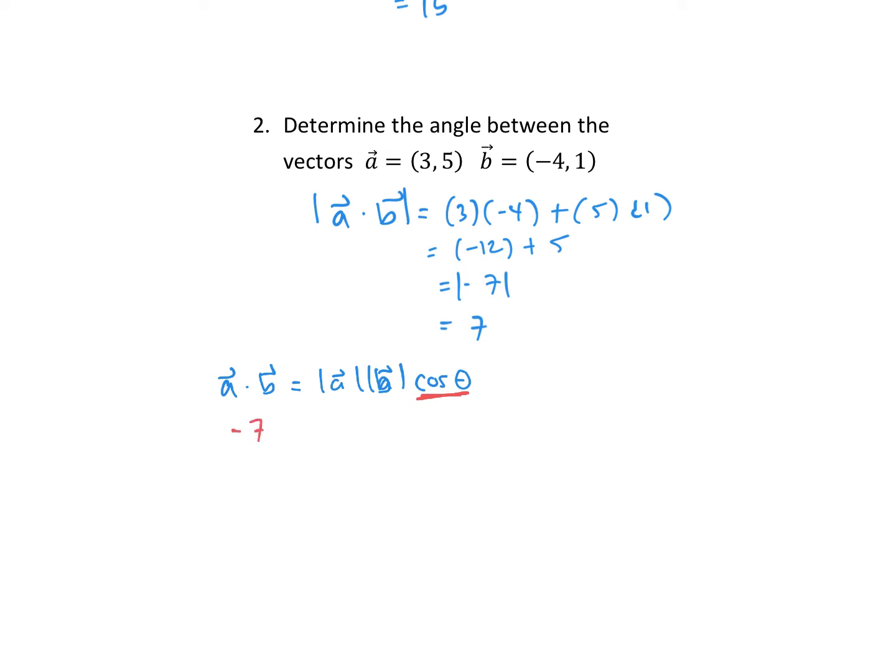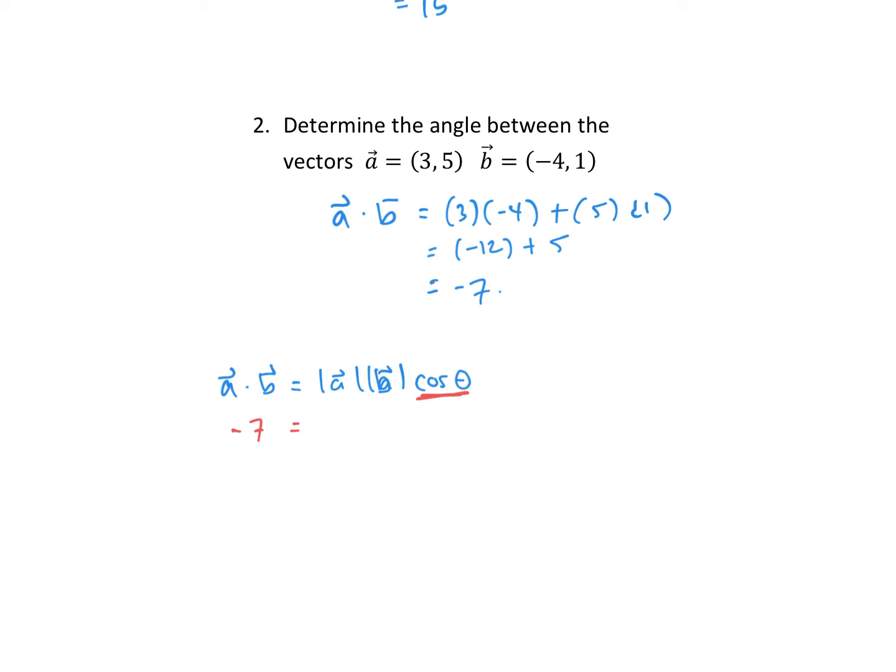So I'm going to put that in here. Rather than the magnitude, we don't want the length, we just want the actual value. So we'll use negative 7. Okay, so we can put that in there.